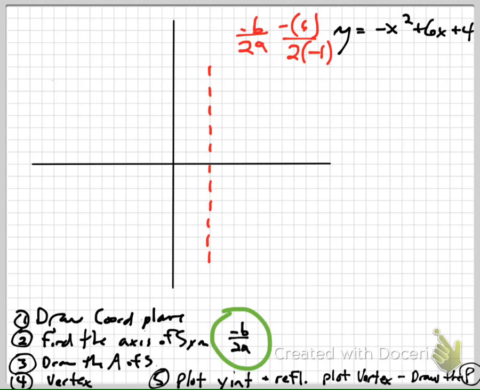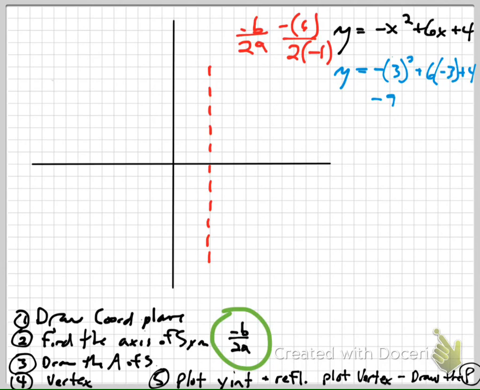Okay, so then we plug in x is 3 into the original equation, which is up here. So let's go like this. y equals negative 3 squared plus 6 times negative 3 plus 4. Right? Okay. 3 squared? 9.